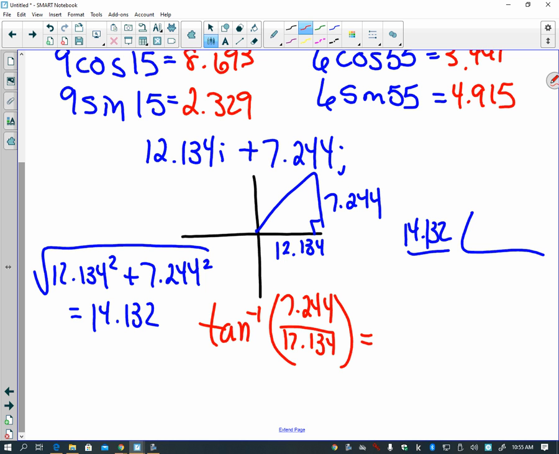Again, if I'm in degree mode, I should get a good answer of 30.84 degrees. And that's what we want. It is a lot, but the more that we do this, the more we should see the pattern in what we're doing, the easier it is, even though it's more steps.